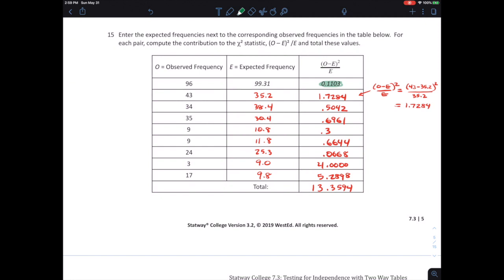Actually, I'm going to make a small correction here. Just hang on a sec.